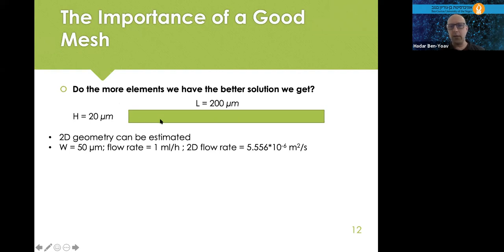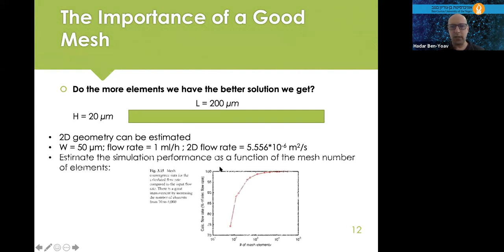It flows through the channel with a height of 20 microns, and we divide it by the width, and this is the flow rate that we get, a 2D flow rate. Now we built a simulation, and this is a result from a paper that showed this is the theoretical, the one that we calculated, and now we need to estimate the flow rate with a numerical model.